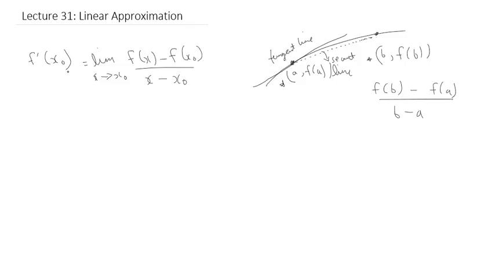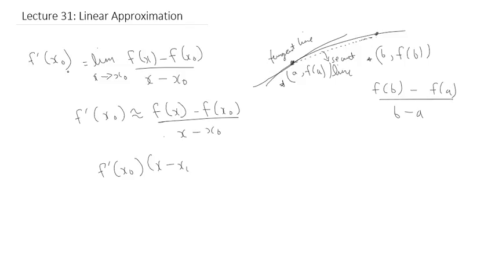And if you think about it, for x very close to x naught, the differential f dash x naught gets very close to the gradient of the secant line that we have just described above so elegantly. So we could just rearrange this equation and rewrite it. We'd get f dash x naught times x minus x naught roughly equal to f of x minus f of x naught.